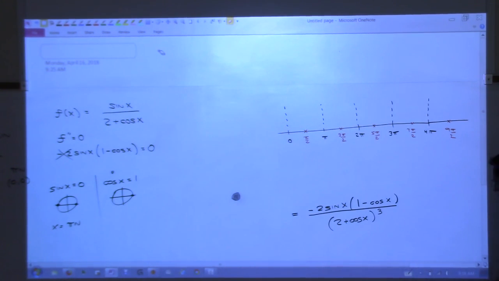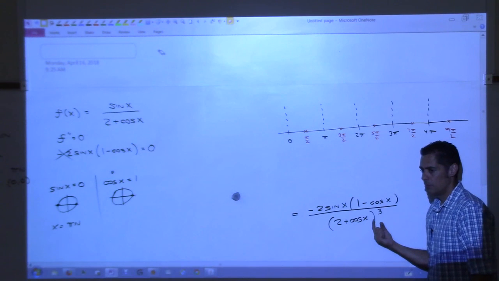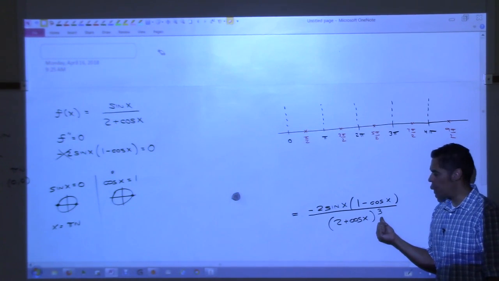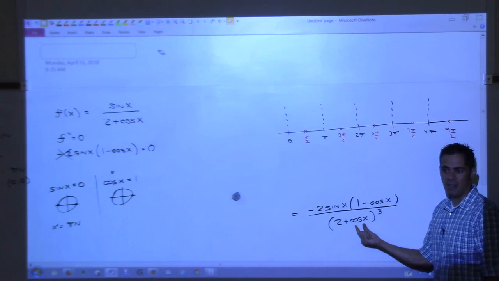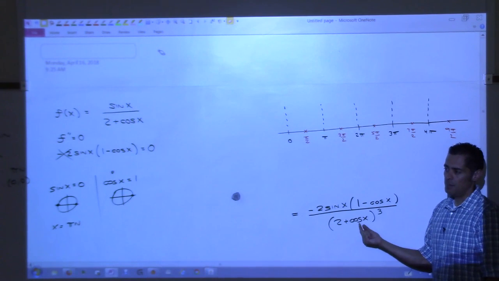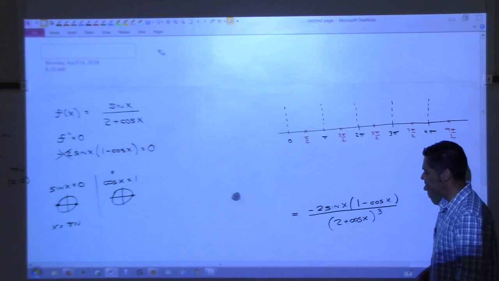And these get plugged into this right here. The denominator is always positive. Not because of the cube, but the fact that cosine, the worst it can be is -1. So this 2 will always overwhelm this and be positive. So let's just look at the numerator then.